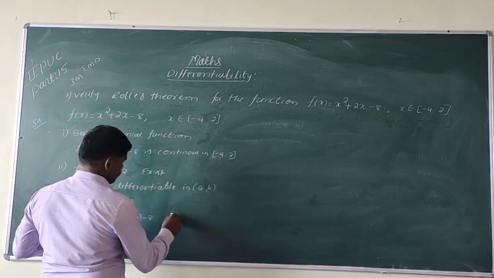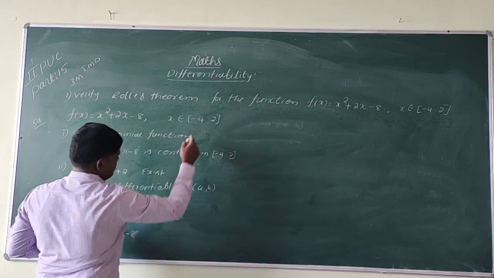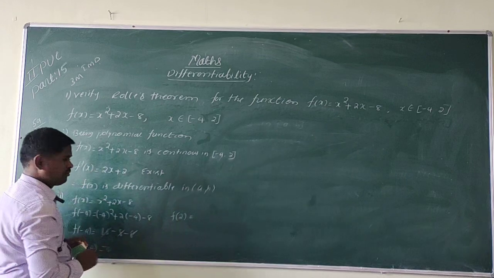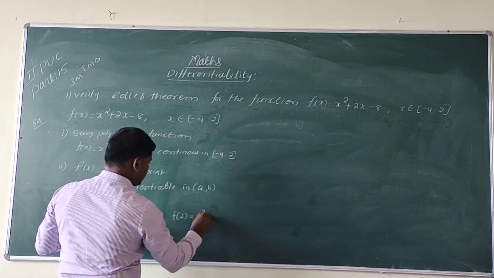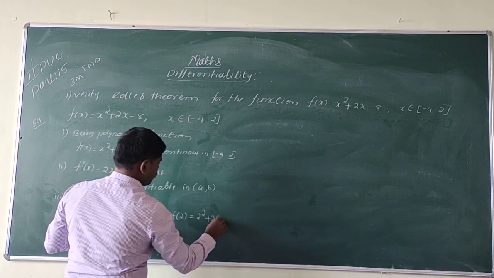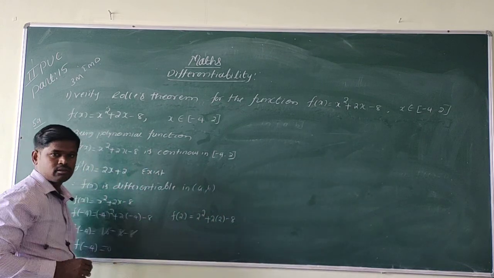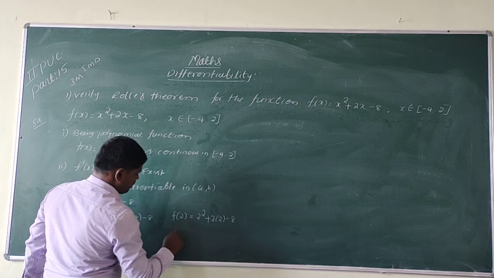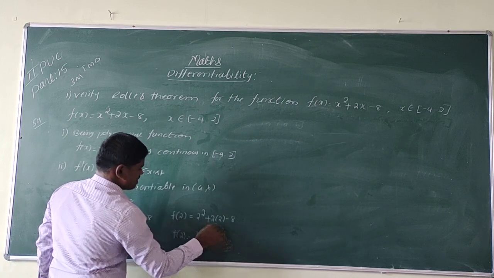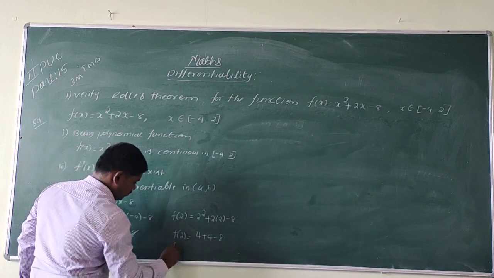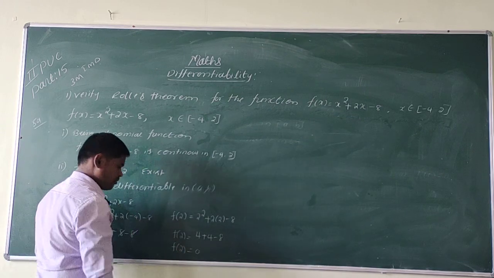Similarly, f(2). Just replace x by 2. That is 2 square plus 2 into 2 minus 8. So f(2) is equal to 4 plus 4 minus 8. Therefore f(2) is equal to 0.